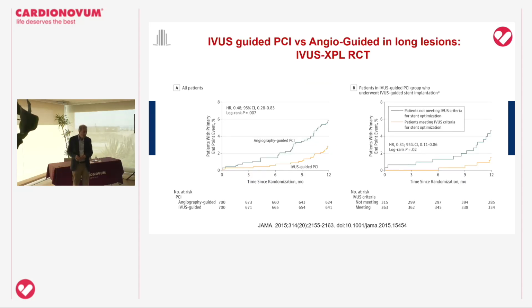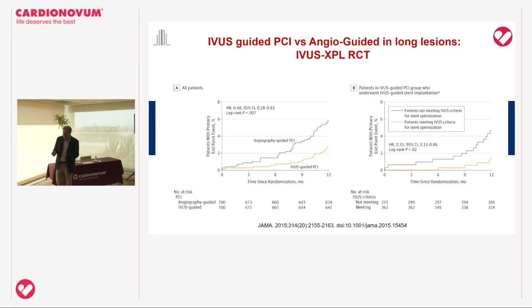So, but then when we think of a strategy of a PCI in this patient, if you want to implant a stent, we have data by using IVUS or imaging in this type of patients, coming from the IVUS-XPL randomized trial, showing that when you perform long lesion PCI with IVUS, you end up with better results as compared to when you go with just angio-guided.